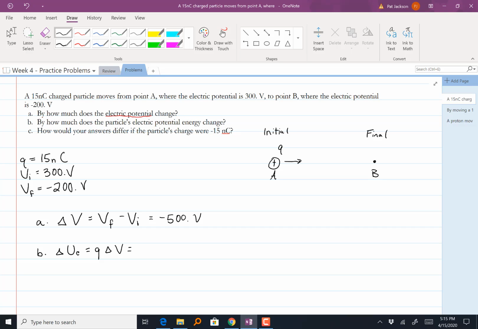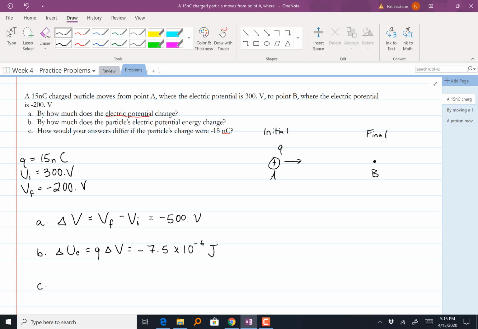And so I can find the value by taking my 15 nanocoulombs times my negative 500 volts. Right, and that is going to give me a value of negative 7.5 times 10 to the negative 6 joules. Right, joules being the unit for energy.